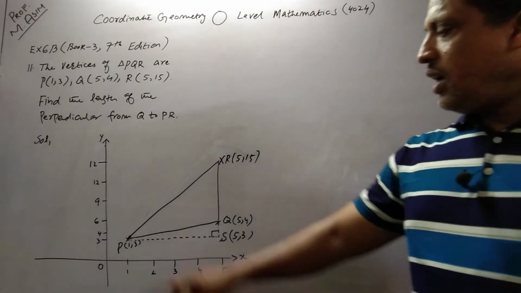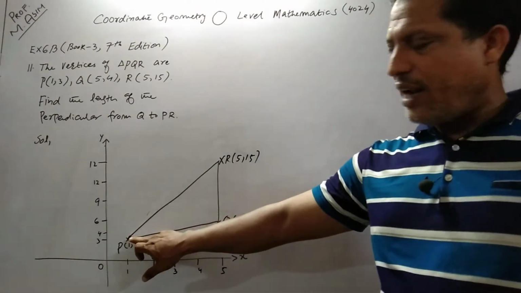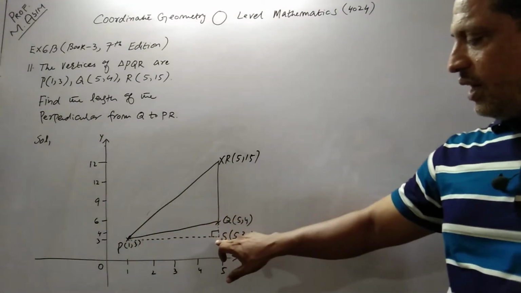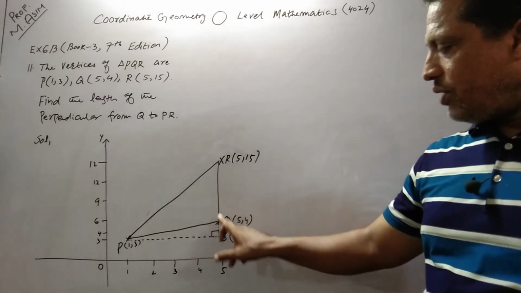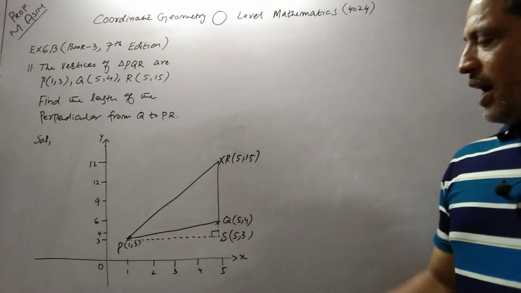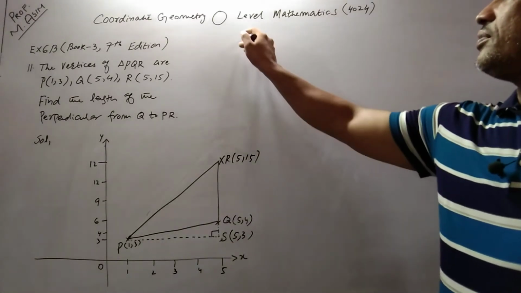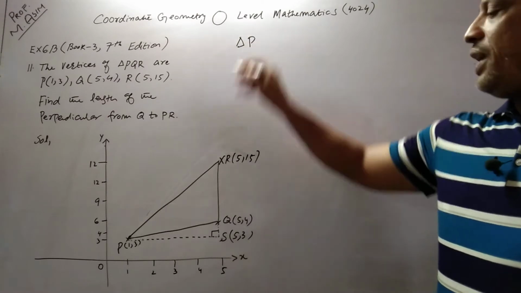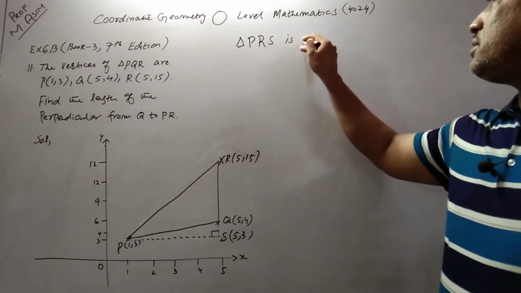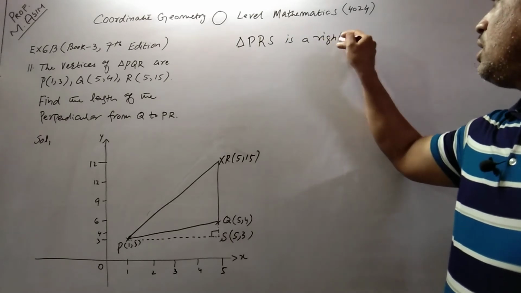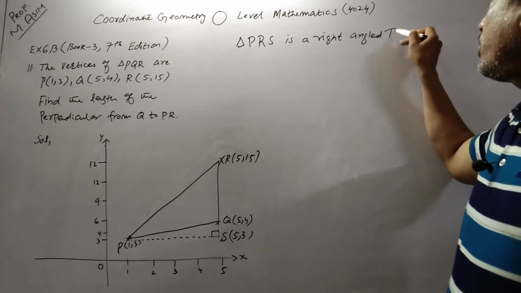What I did: I drew a dotted line from P till below Q and extended this line QR to meet another point. I assigned the name S. So I can say triangle PRS is a right angle triangle.